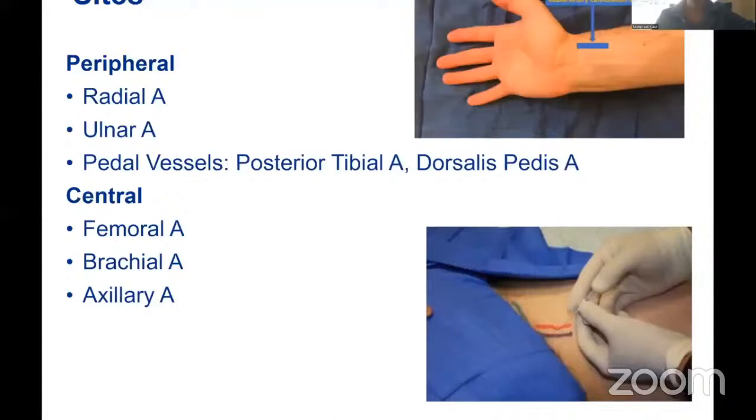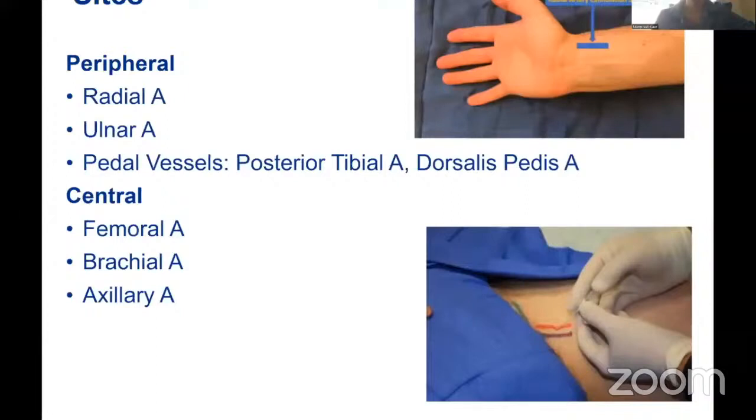The more central vessels like the femoral, brachial, and axillary arteries are also used for cannulation. The axillary artery has the advantage of patient comfort and mobility, and complications appear to be similar in incidence to the radial and femoral. For femoral cannulation, the access site is around 2.5 centimeters distal to the inguinal ligament.